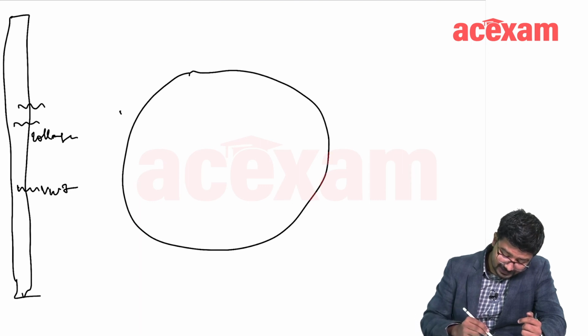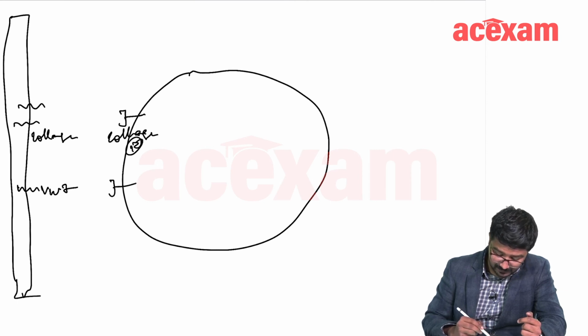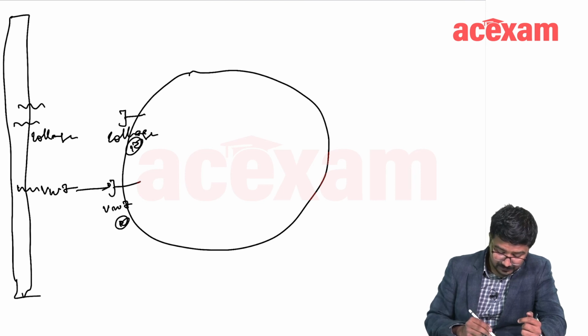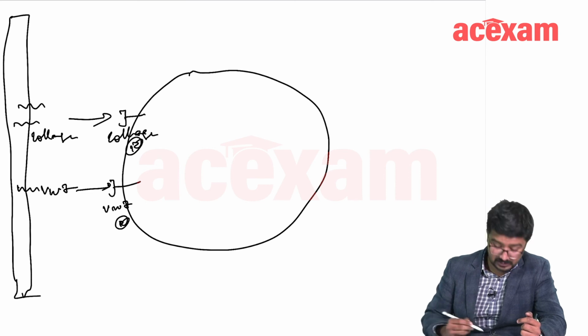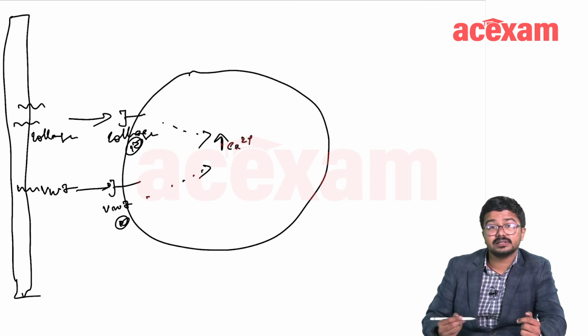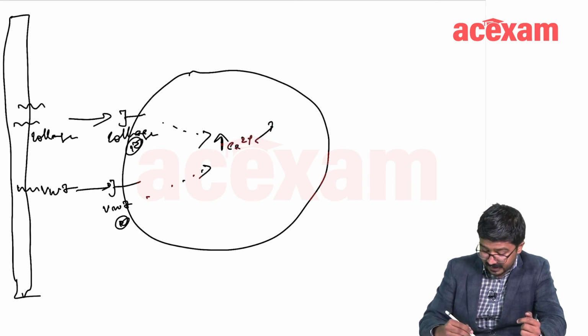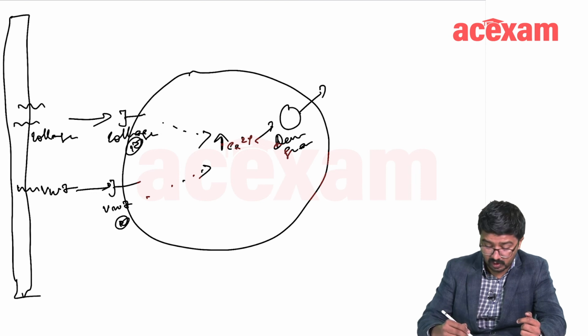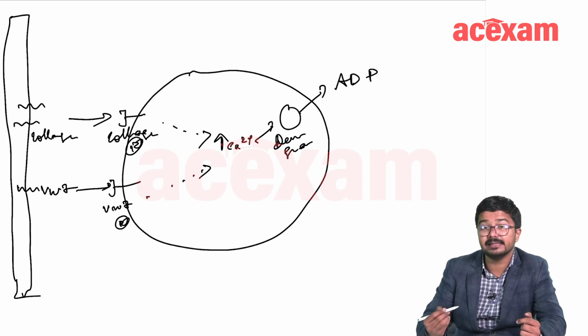The collagen receptor on the surface as well as the von Willebrand receptor on the surface gets activated by combining with these. All of this causes a downstream increase of calcium within the platelets. The increase in calcium causes export of dense granules containing different mediators, one of the important mediators being ADP.